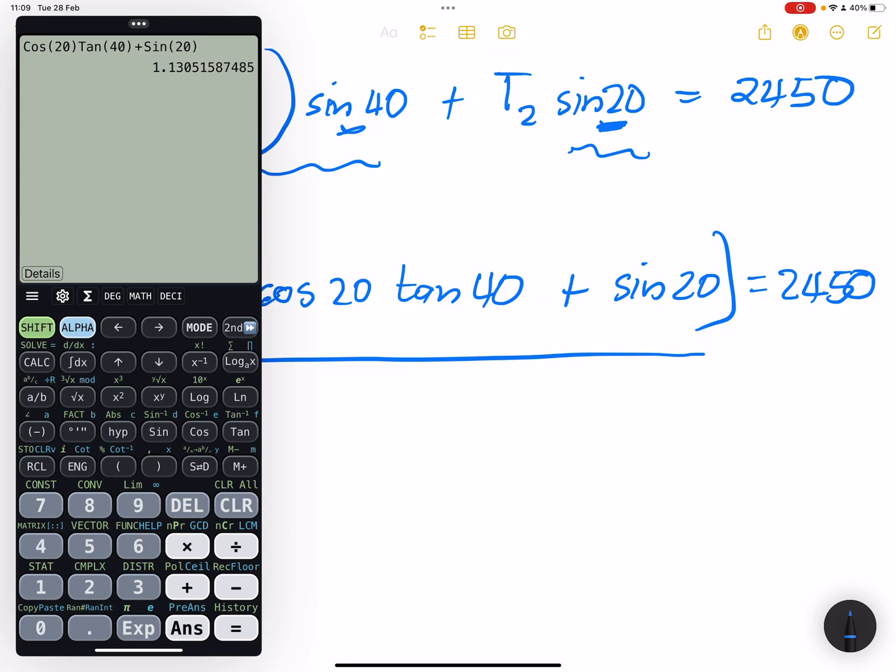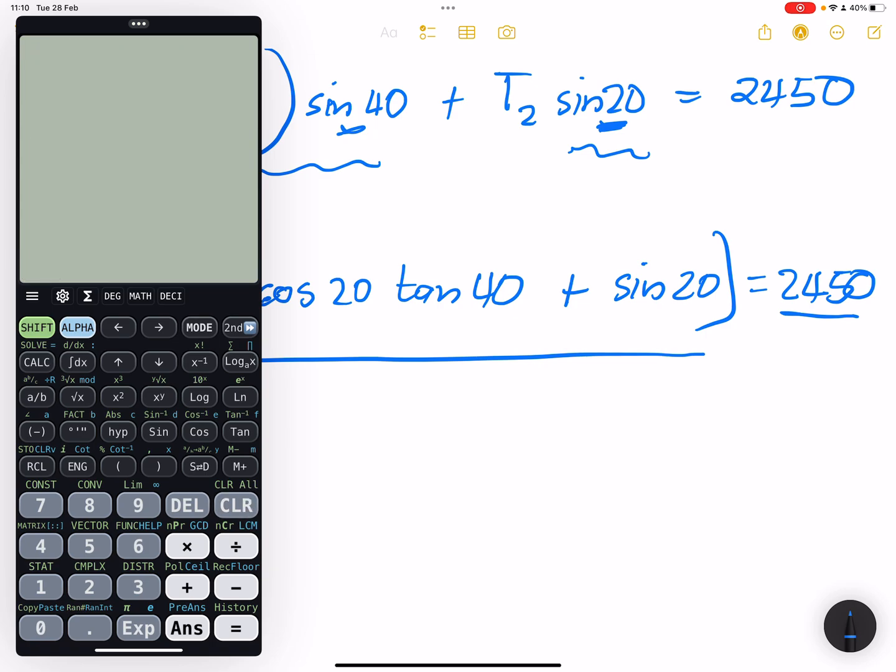If you want to, you can simply take that value and divide 2450 by that value. Oh no, I think I made a mistake. That's 1.13.